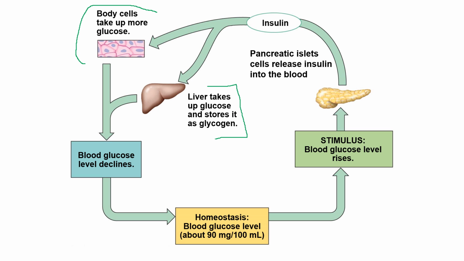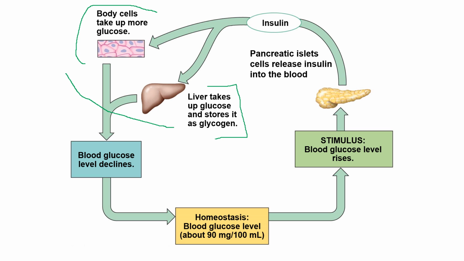And so these two effectors, body cells, so you think muscle cells here, or other body cells as well, but muscle cells and liver cells are the two primary effectors in blood glucose homeostasis when the controlled condition has risen above the set point.